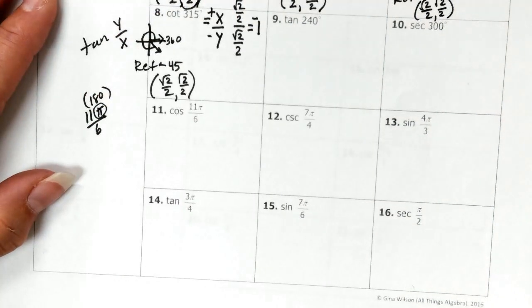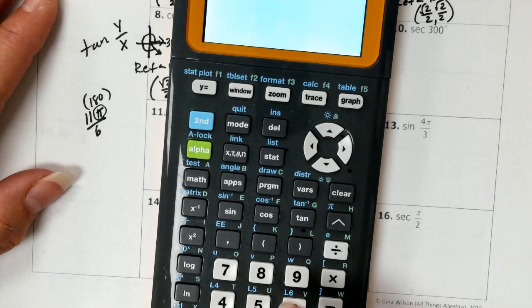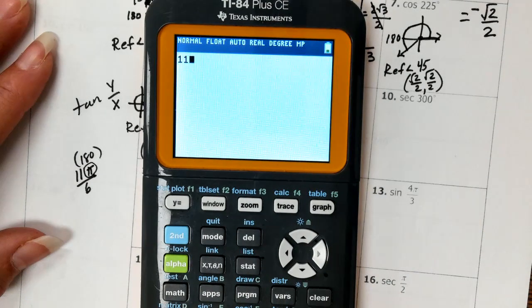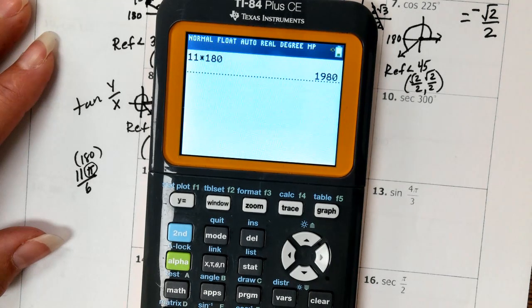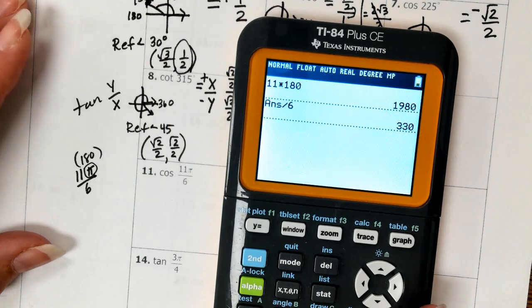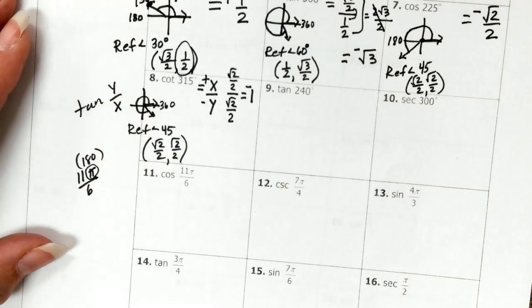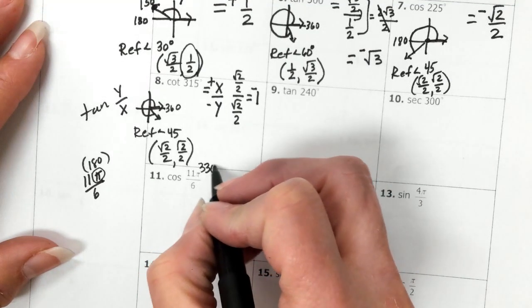So I'm going to, in my calculator, type 11 times 180 and divide it by 6. The answer is, it is a 330 degree angle. So this is really 330.